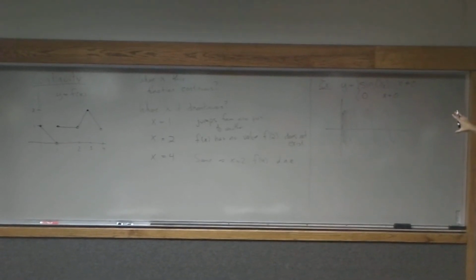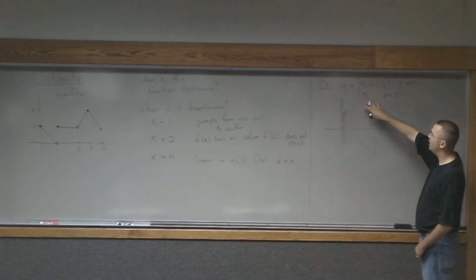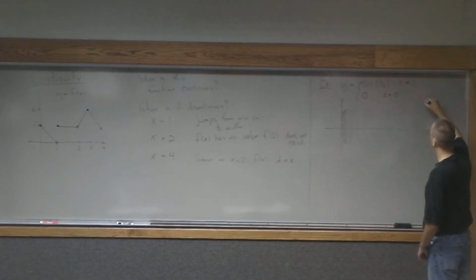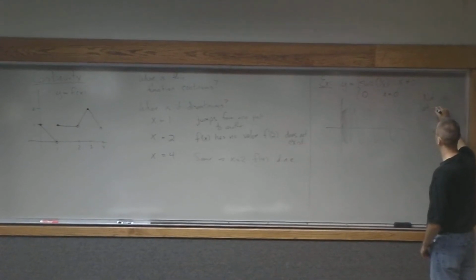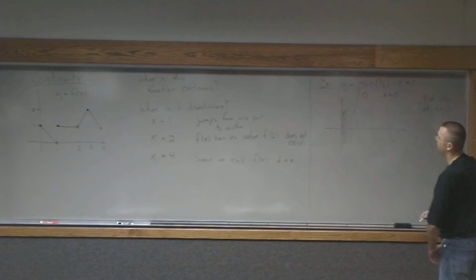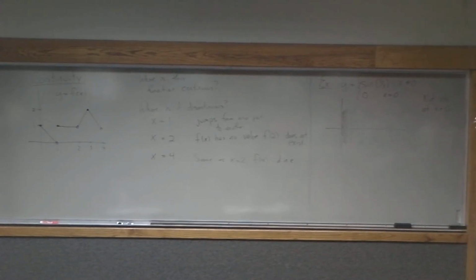This function right here, I can draw without picking up my pencil as I indicated here. It's got a value at x equals 0, but it's not continuous at x equals 0. Okay. So this notion of not being able to pick up my pencil fails with this particular graph.